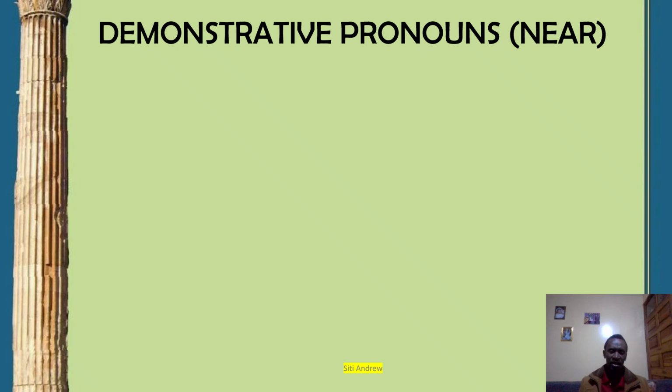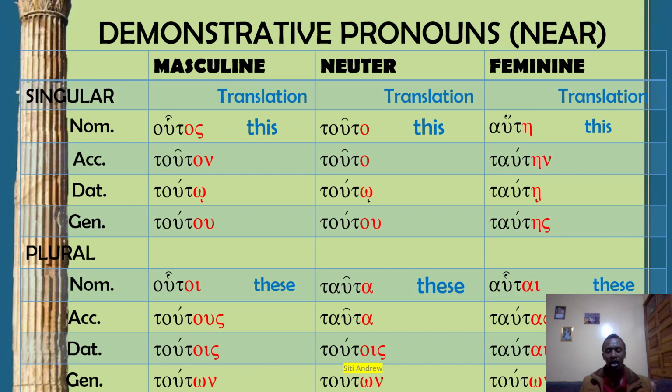So let me end my presentation today by speaking about the demonstrative pronouns. And we'll start with the demonstrative pronoun near. This is actually something that I would like to show you, which uses the word houtos. Houtos is a demonstrative pronoun for near.